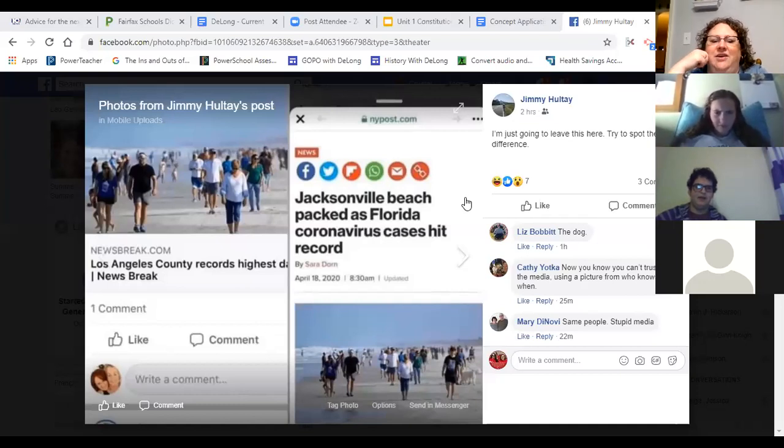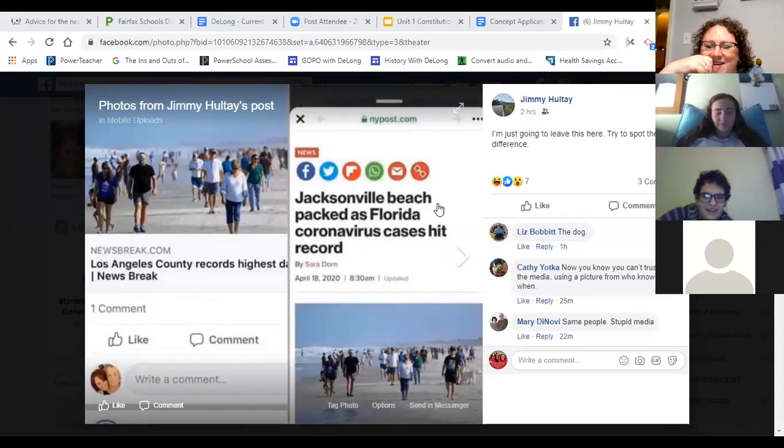Los Angeles County records highest day of corona deaths. Jacksonville Beach packed as Florida coronavirus cases hit. That is the exact same picture, guys. Which one's Jacksonville Beach in Florida and which one's California?